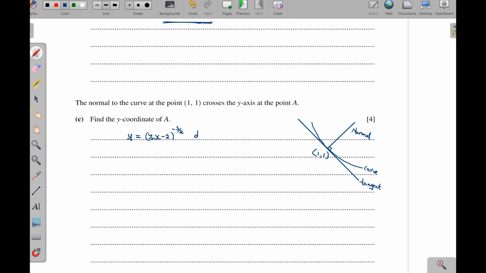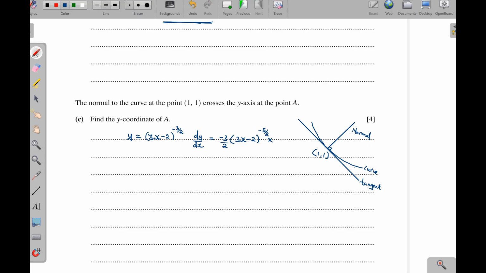So we shall need dy/dx from here. You drop this power, so negative 3 over 2. Then here you have 3x minus 2. Then reduce the power by 1. So negative 3 over 2 minus 1, that is negative 5 over 2.